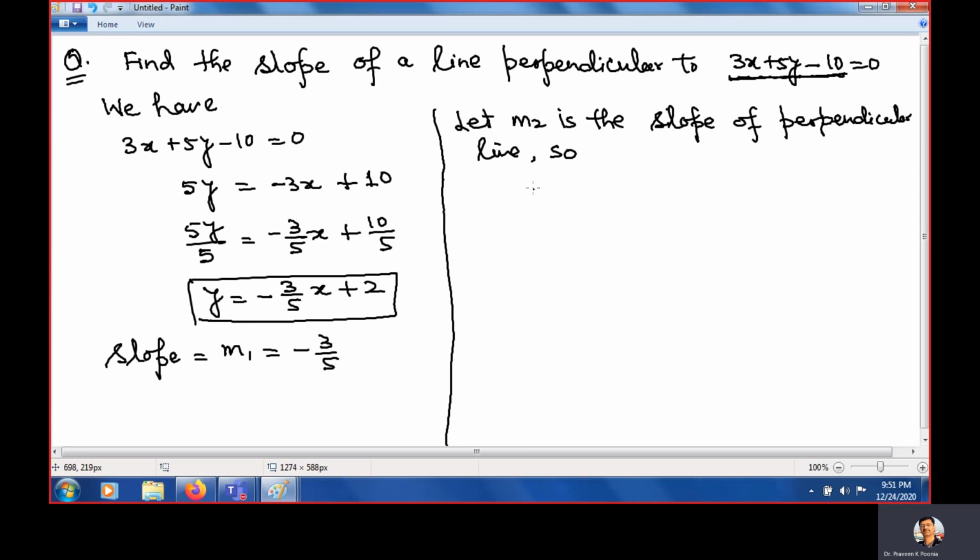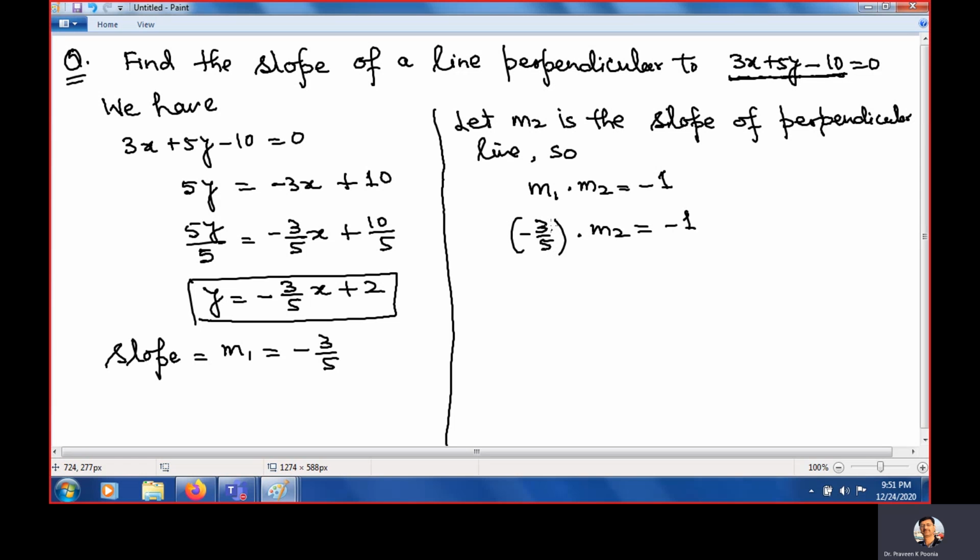Therefore, m1 into m2 is equal to minus 1, because both lines are perpendicular, so the product of the slopes will be minus 1. The value of m1 is minus 3 upon 5, so minus 3 upon 5 times m2 is equal to minus 1.